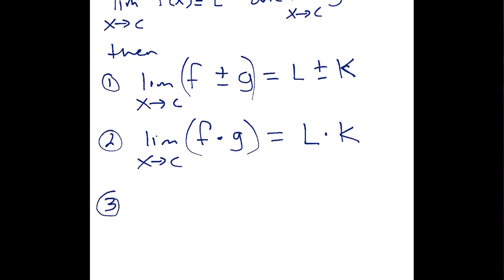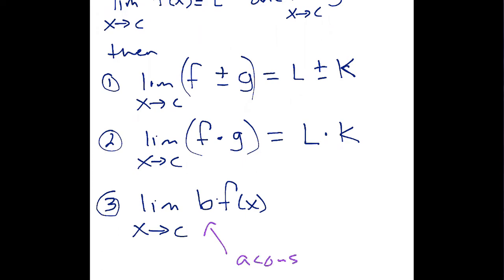Three, the limit as x goes towards c of some constant times the function f of x is equal to that constant times whatever that limit is. So that's like a vertical shift up is what it really is. So it's just a constant times the limit.